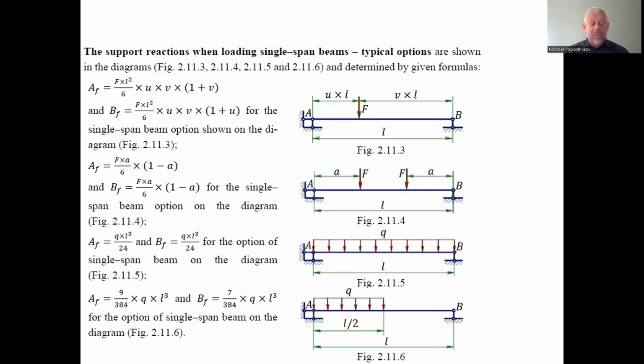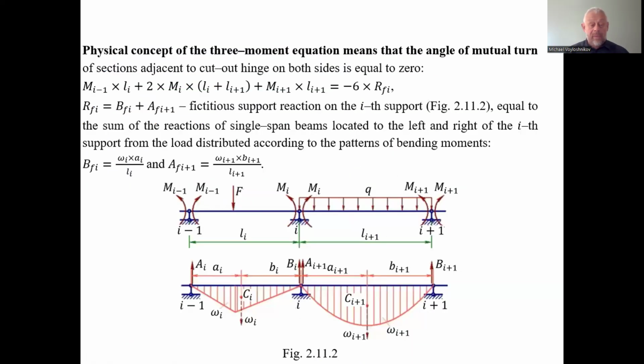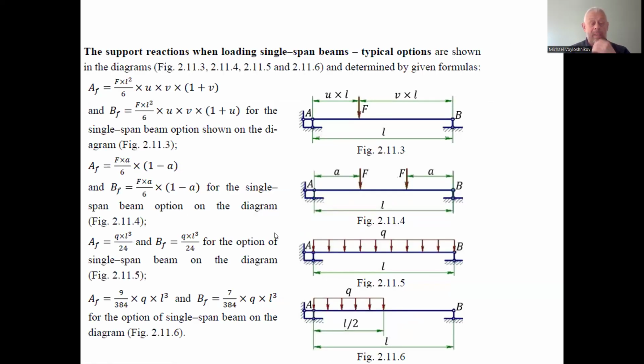The support reactions when loading single span beams, typical options, are shown in the diagrams on drafts 2.11.3, 2.11.4, 2.11.5, and 2.11.6. So these are the summands in the fictitious support reactions, summands B fictitious and A fictitious, which we can find for the typical options of the separate beams.